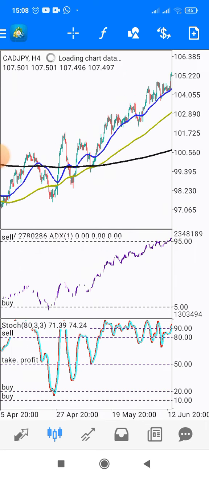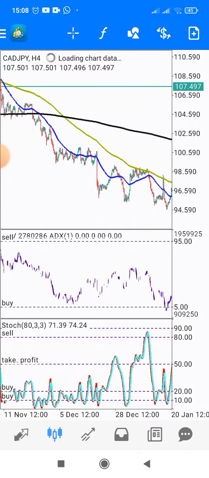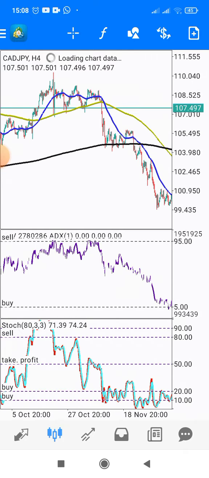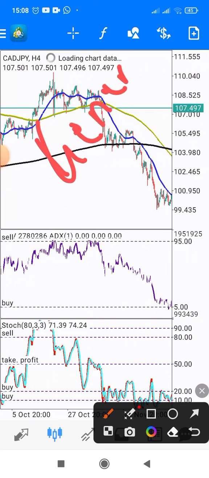Why do I really rely on this strategy? One, the main chart gives me the general direction of the market.